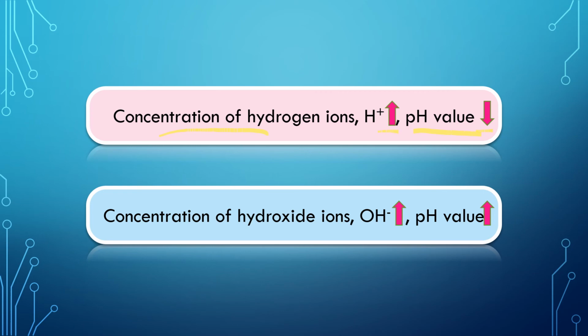Okay, it's vice versa. On the other hand, the higher the concentration of hydroxide ion, the higher the pH value. Alkalinity increases when the pH value of the alkaline solution increases.